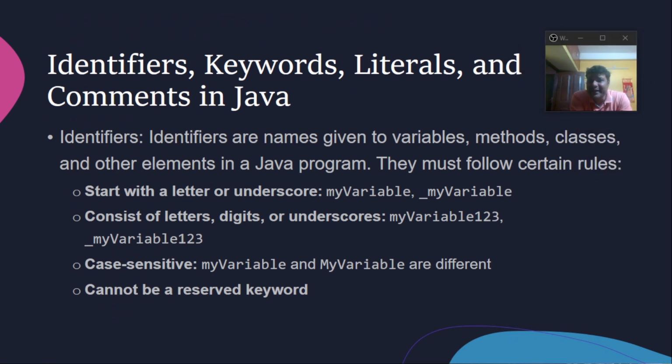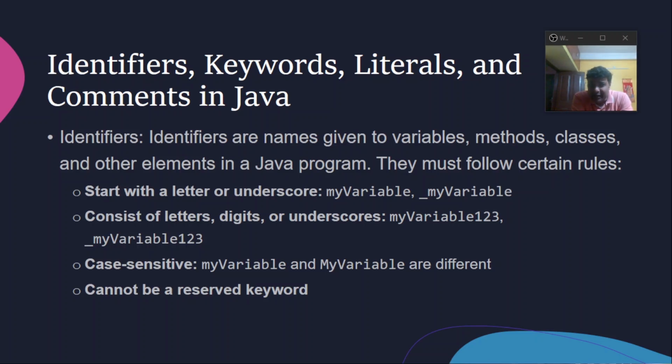Then identifiers, keywords, literals, and comments in Java. Identifiers are the names given to variables, methods, classes, and other elements in a Java program.